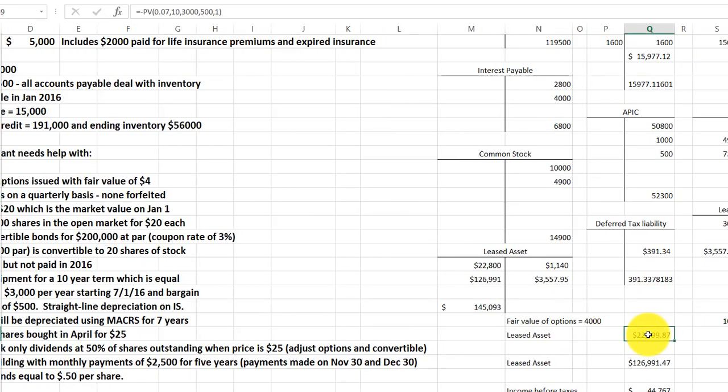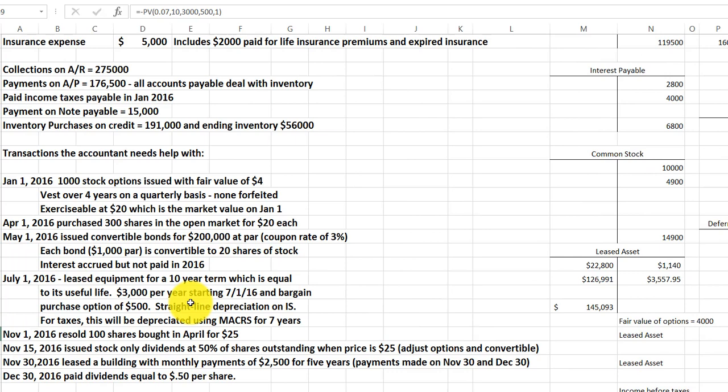Our leased asset present value at 7%, because down below it tells us that we are going to use that as the explicit rate, 10 years, $3,000 plus the $500 bargain purchase, and then you make it beginning of the period, and you get $22,799. You could round it to $22,800. That's going to be a debit to lease asset and a credit to lease payable.